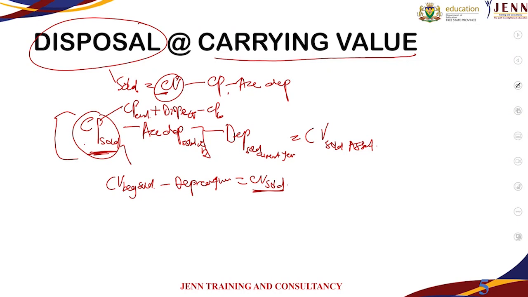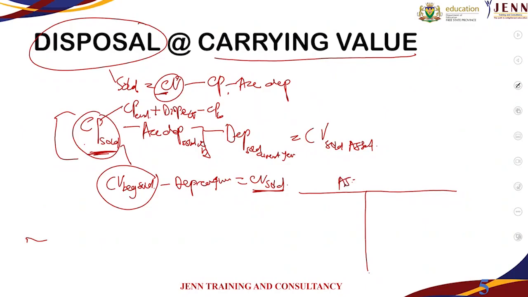Sometimes we can use an asset disposal. I predict most of you are more used to preparing an asset disposal. Now, we can also prepare an asset disposal to find this. But in paper one, in most cases we are going to be given the carrying value, so it's not possible to use the asset disposal.